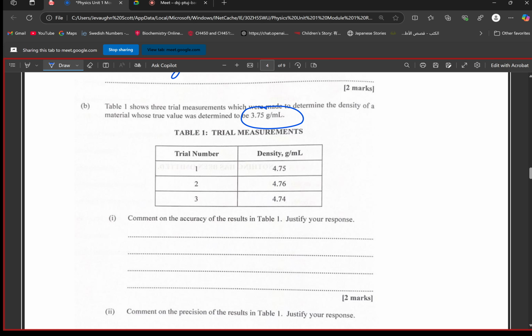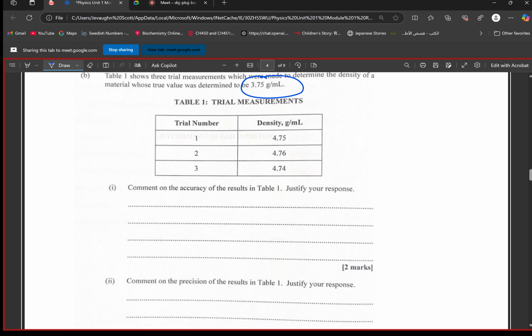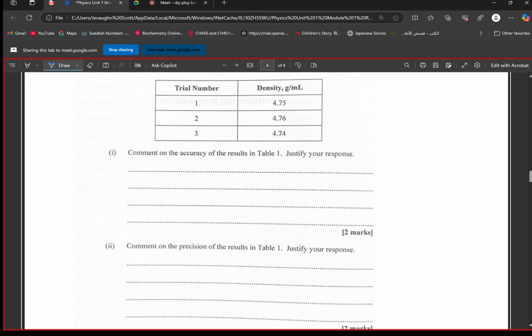All right, lovely. So we're saying that the accuracy, based on the numbers, is not close to the true density of 3.75 grams per milliliter. Therefore, it is low accuracy. What can we say about the precision of the experiment specifically, though?